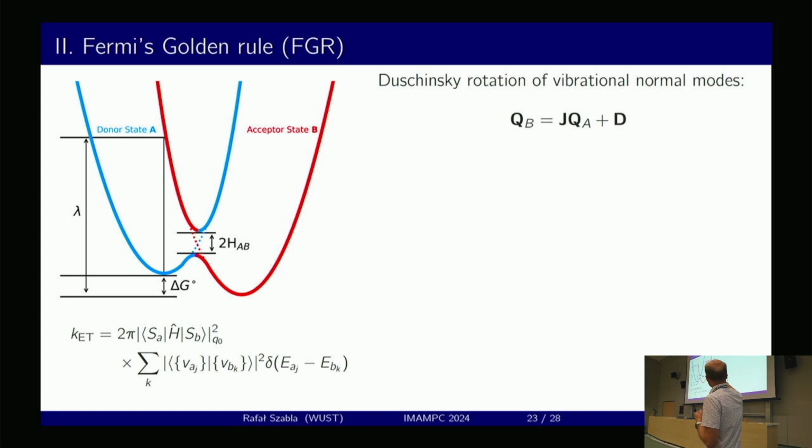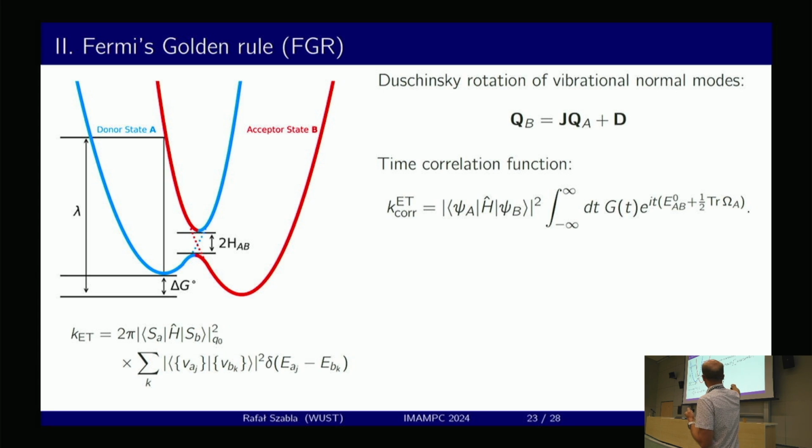So the way to approximate this is to use the time correlation function, and basically what we need to properly evaluate this time correlation function to get this vibrational part of the rate is to express the frequencies and the modes of the acceptor state in the same way as we express the frequencies and the modes of the donor state. So we do the Duschinsky rotation here.